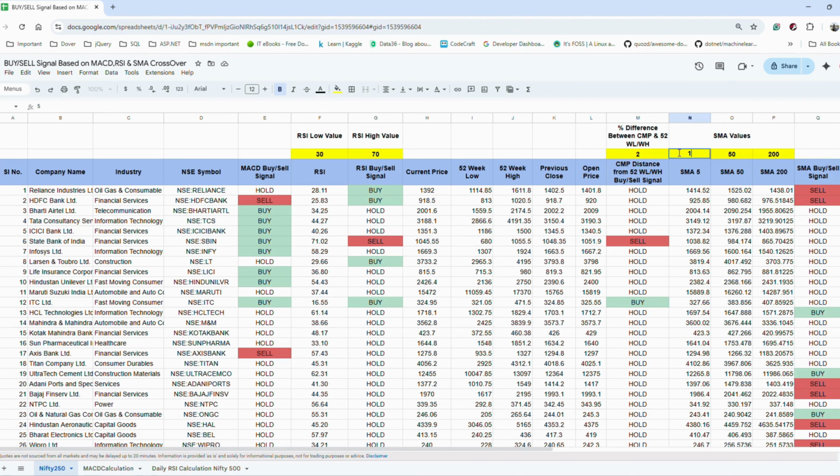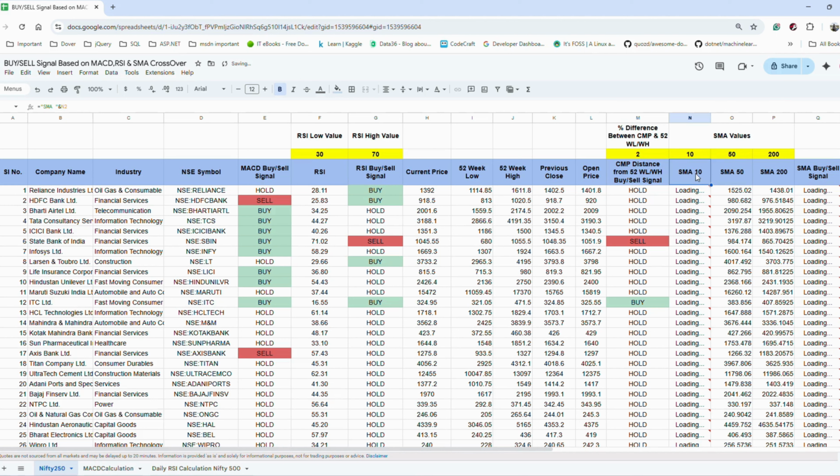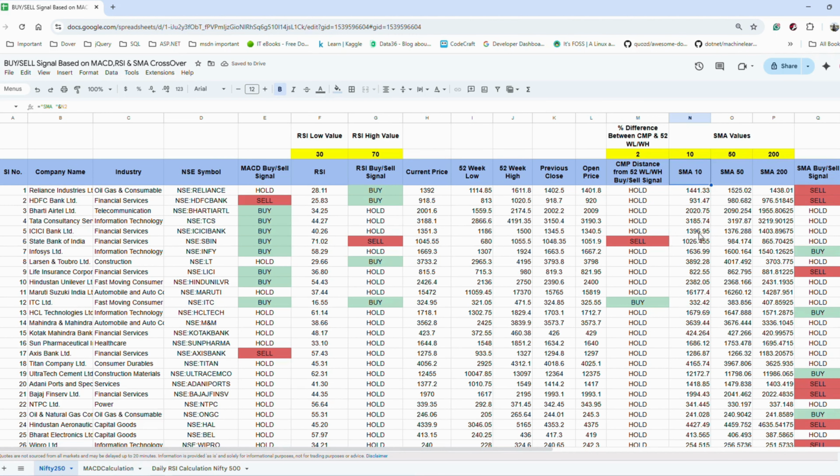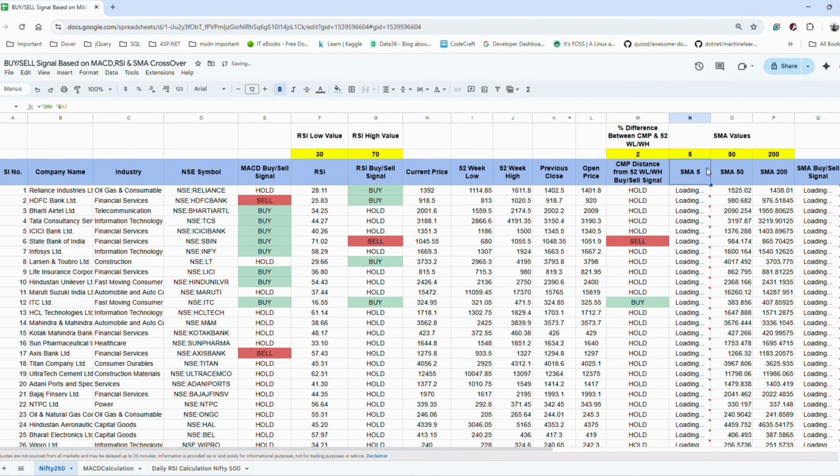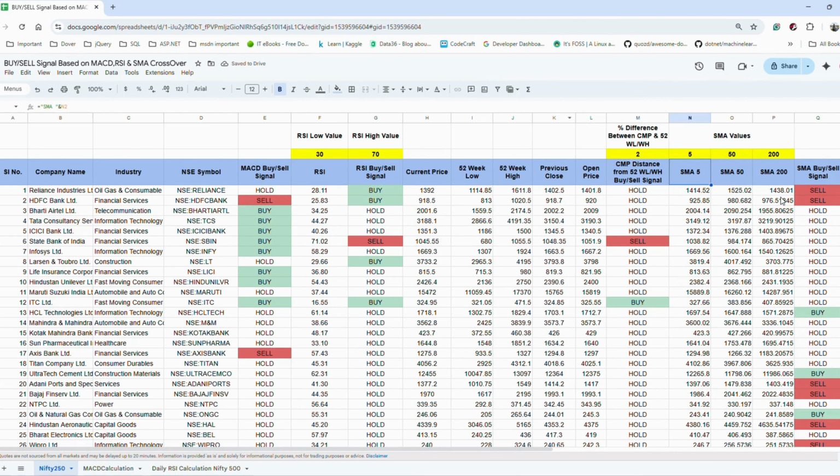You can change it to 10 and this SMA 10 gets calculated and the SMA buy and sell signal changes accordingly. And you can change it to 20 as well, so this SMA gets changed and the buy and sell signal changes. Okay, so I will go back to 5. Similarly, you can change this 50 also, 200 also.